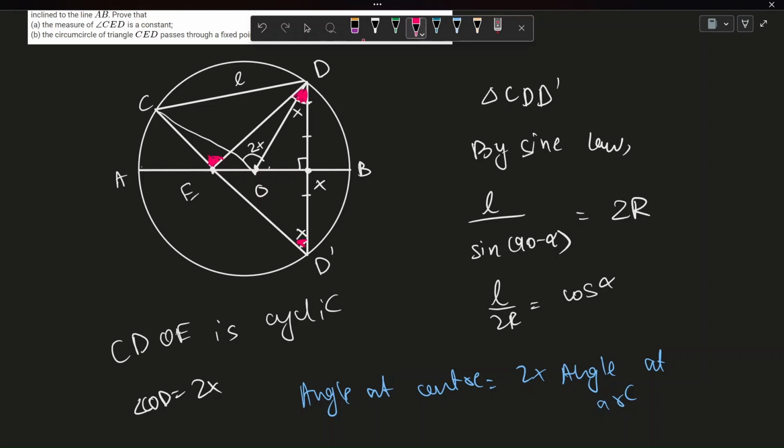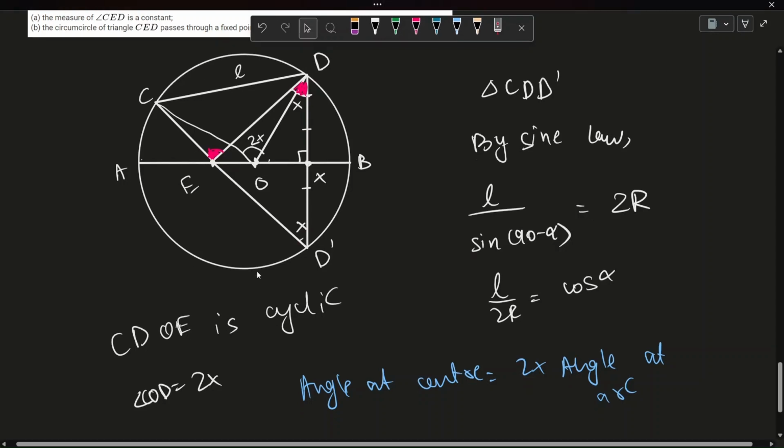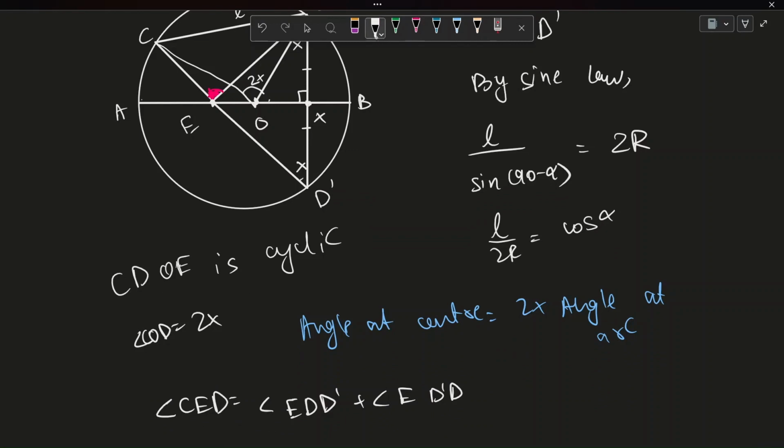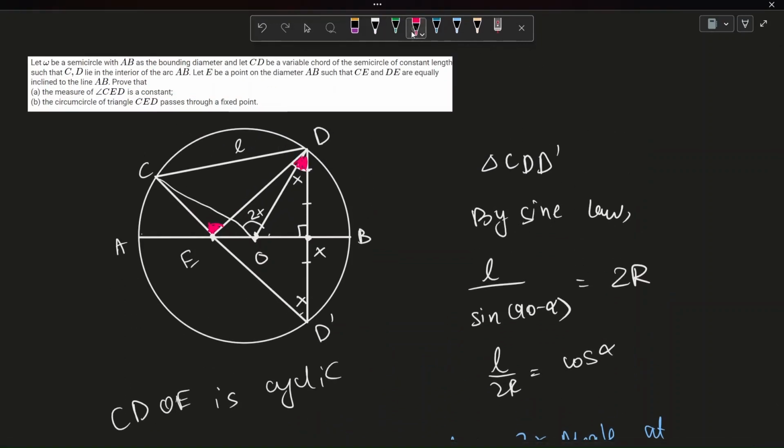This is pretty clear because the exterior angle is equal to the sum of the interior opposite angles, and this is also equal to 2x. So this is equal to 2x, and by the angle in the same segment theorem, C, E, O, D are cyclic, which basically means that CDOE is cyclic.